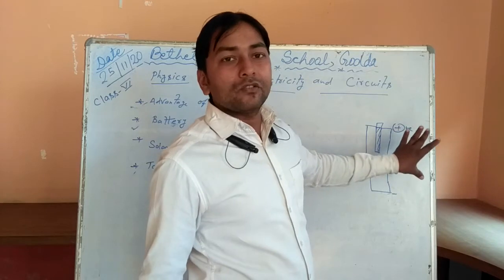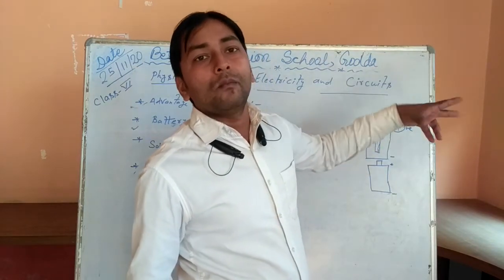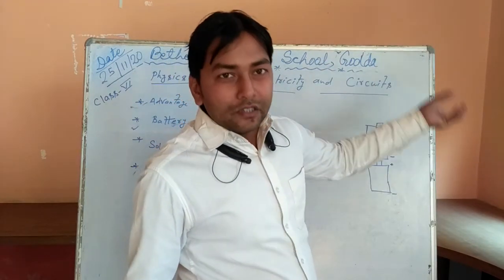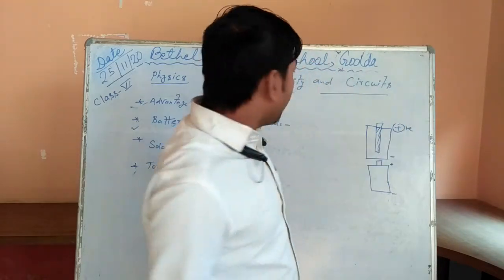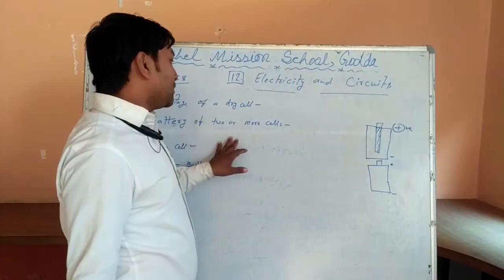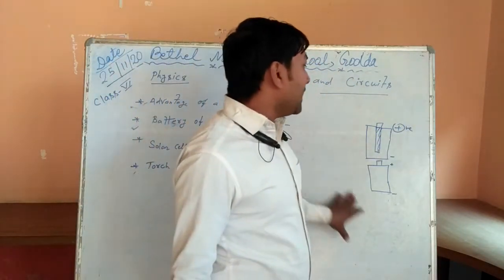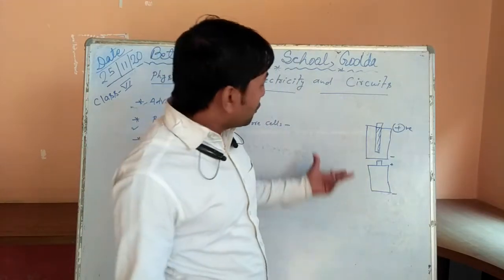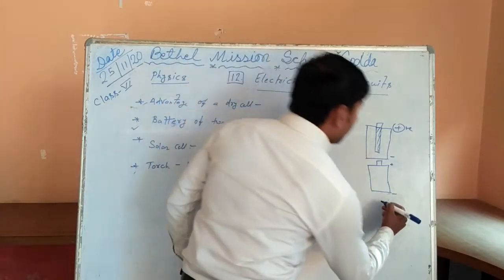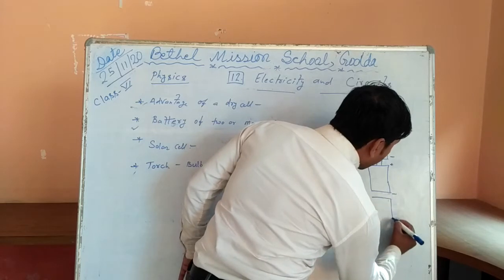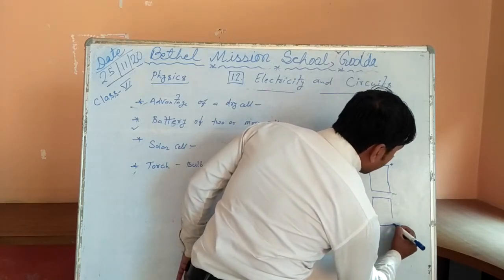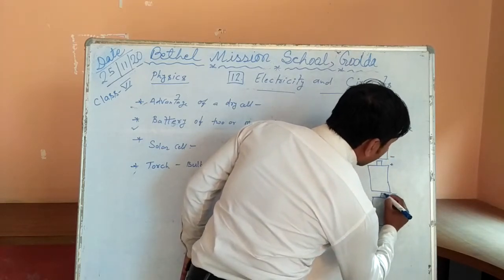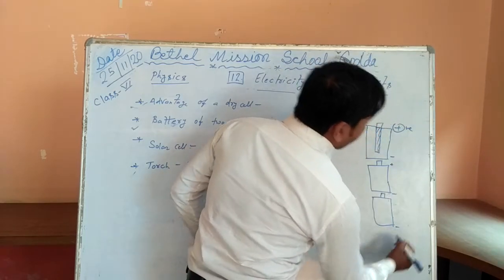This is the manner to connect two or more dry cells. So what is a battery of two or more dry cells?